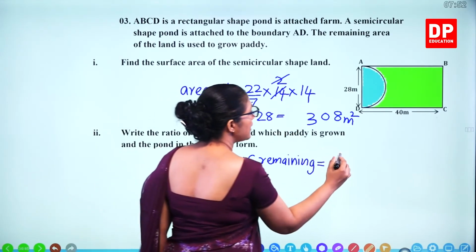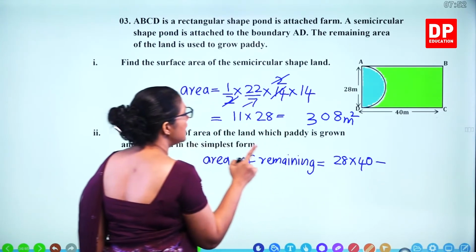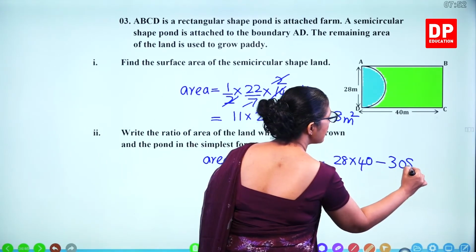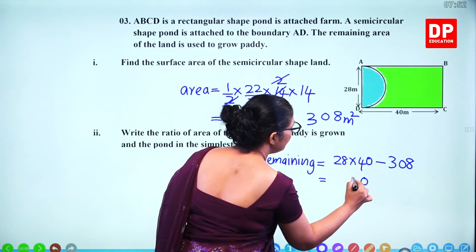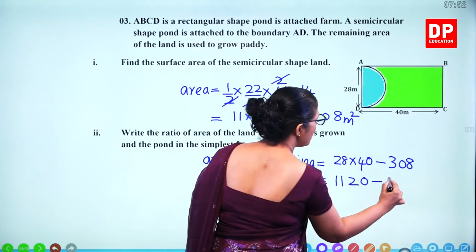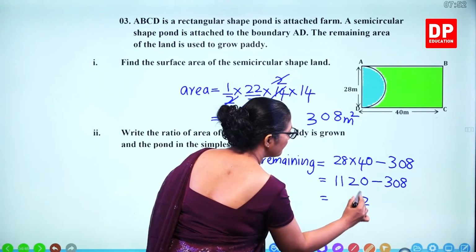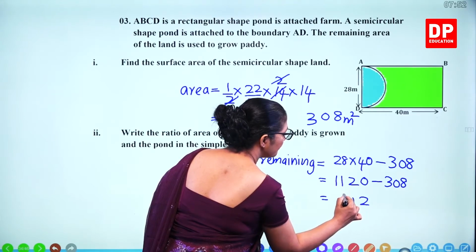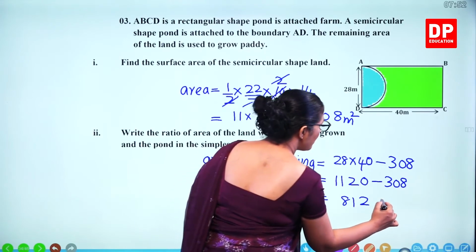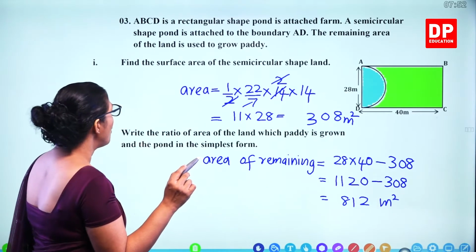Area of the rectangle, that's 28 times 40, minus area of the semicircular part, that's 308. 1,120 minus 308 is 812 meters square. Now we can find out the ratio.